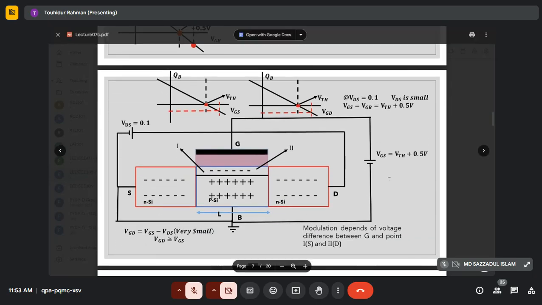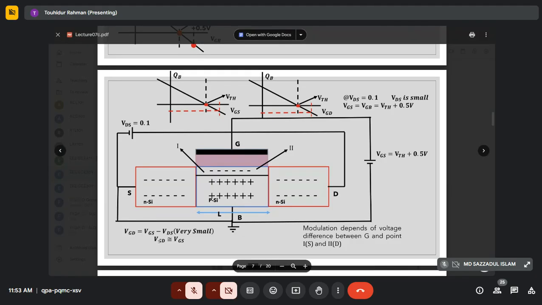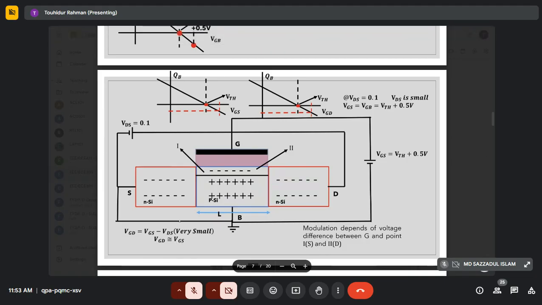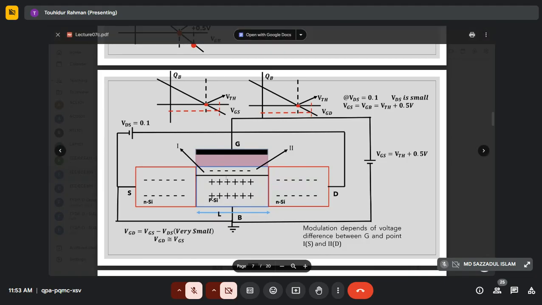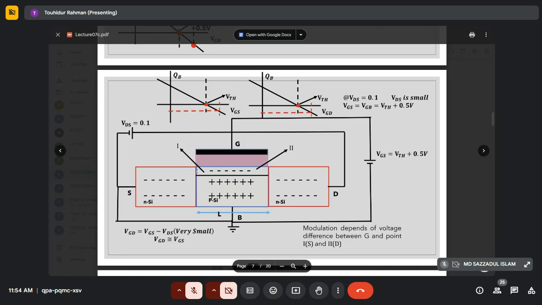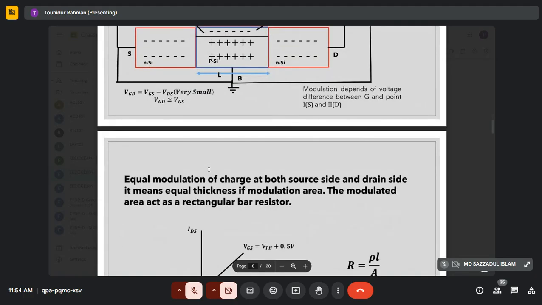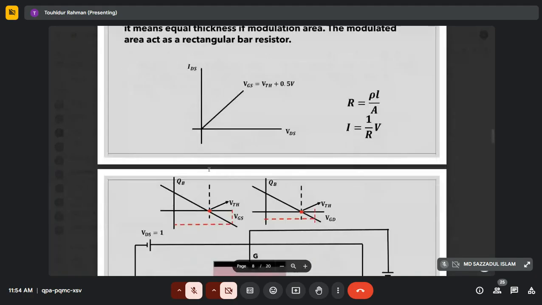You need to explain in this form. You need to derive VGS and the condition with VGD and VGS, then explain in terms of charge distribution for both source side and drain side, and explain the resistance, whether it will be constant or high. And then in terms of the resistance, you need to explain whether the current will be high or low, or constant or linear, whichever it is.